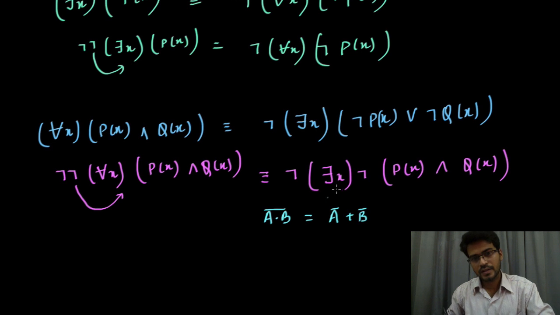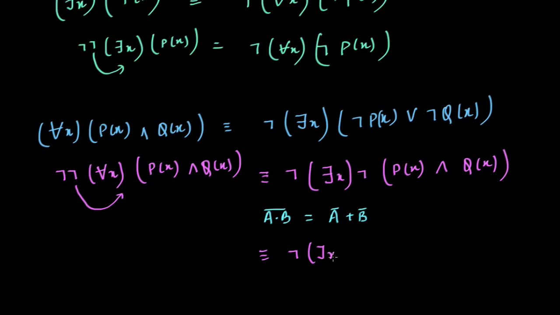Similarly, this negation sign is the bar, and we have A and B. Once we break this and move the negation inside, the and becomes or. So we will have negation of there exists x, and then not P(x) or not Q(x). So this was very simple, right?